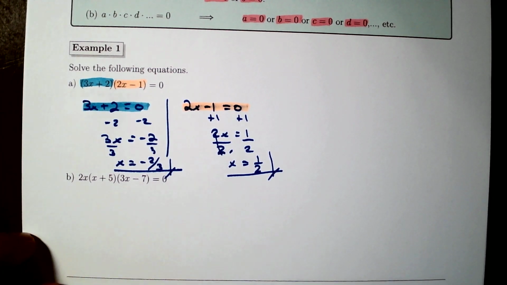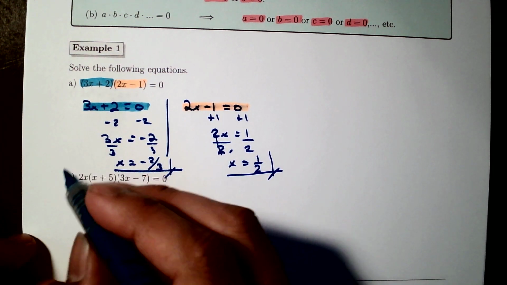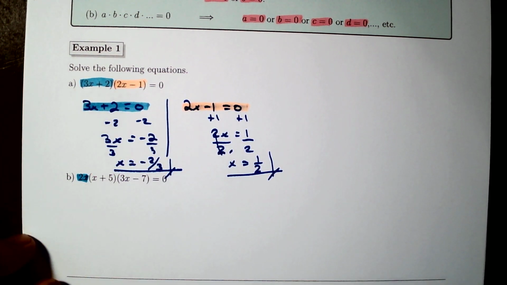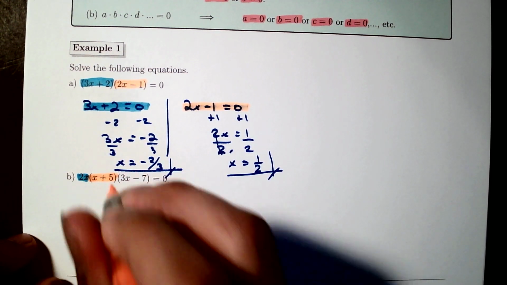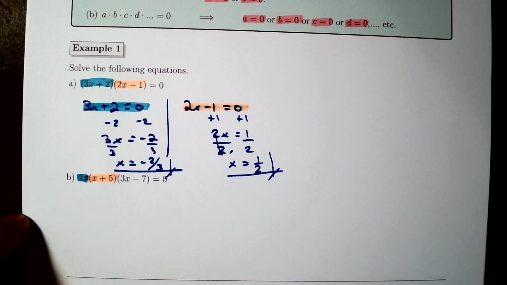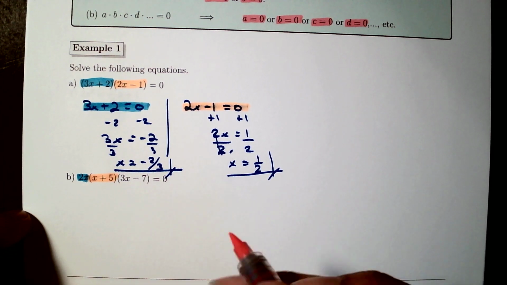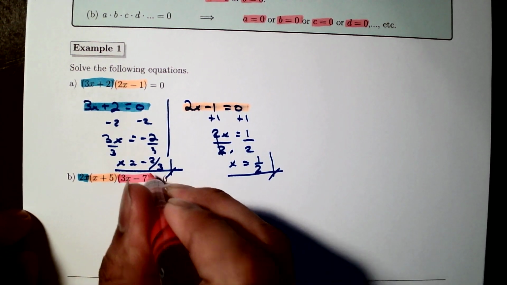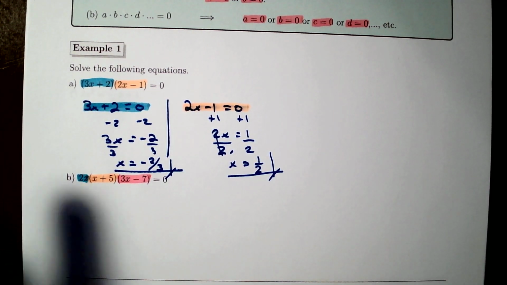Of course, we can extend this to multiple cases. So I'm going to highlight the first factor with blue, the second factor with orange, and then the third factor with pink. And that's all we do.